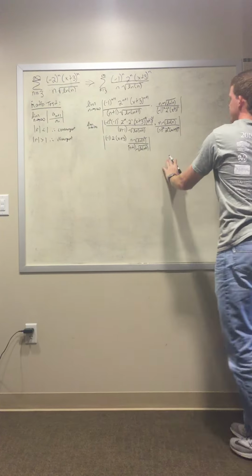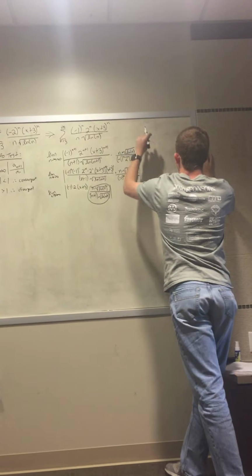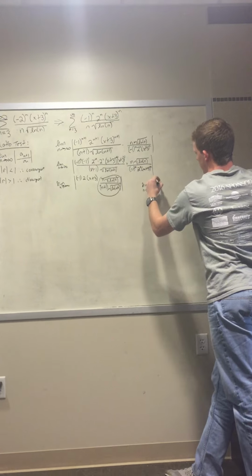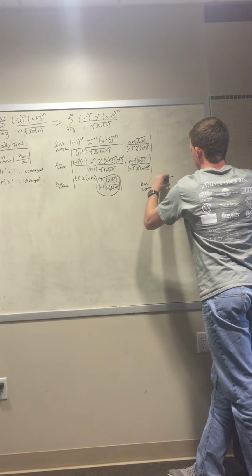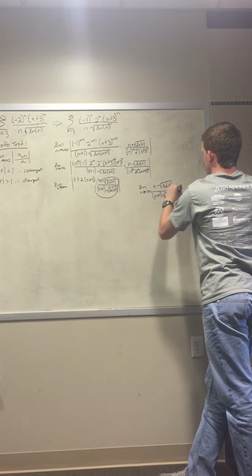Then we have to figure out where this goes to. So we have this down here. We have the limit as n goes to infinity of n square root of ln of n over n plus 1 square root of ln of n plus 1.